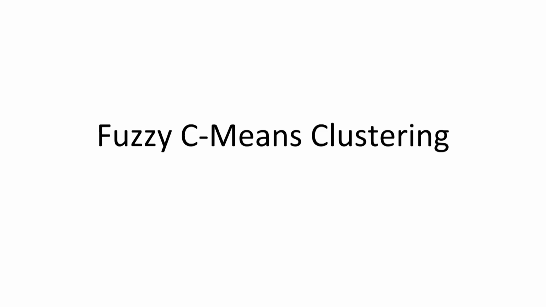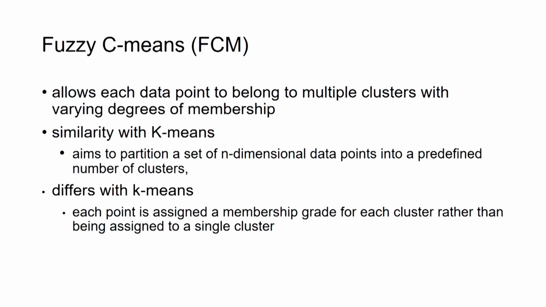Definitely we will have some membership values for different clusters for a particular point, and that membership value will give you, you can say, the probability of belonging to that particular cluster. So, let us see this fuzzy C-means clustering in detail.